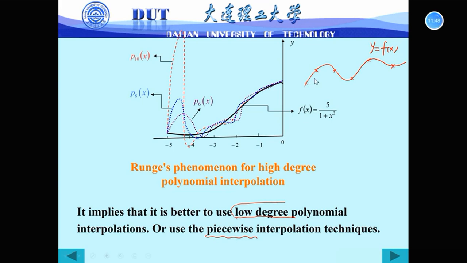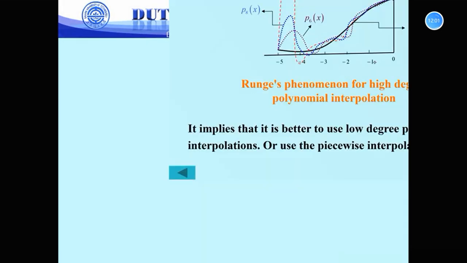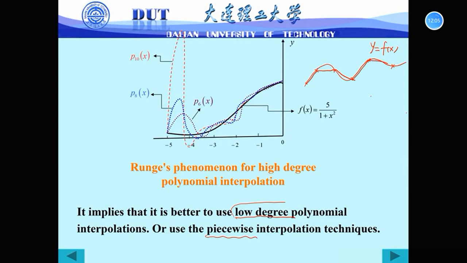Now if we just use a piecewise straight line, a polygon line, connecting each 2 points, now you see this polygon line is close to the curve, right?